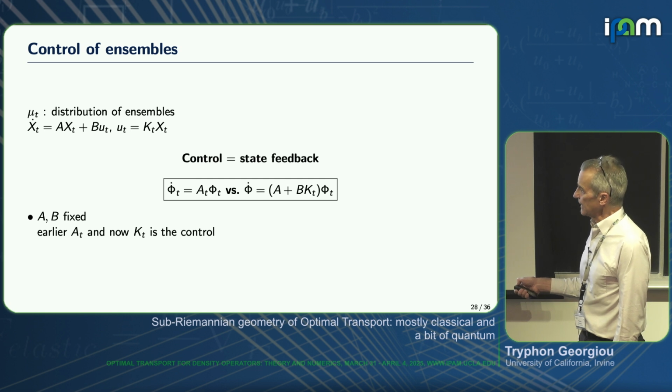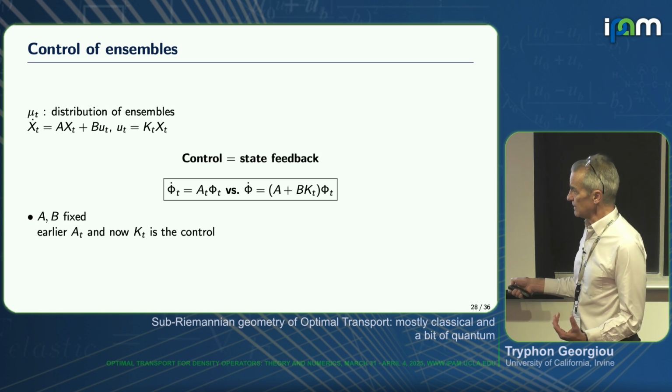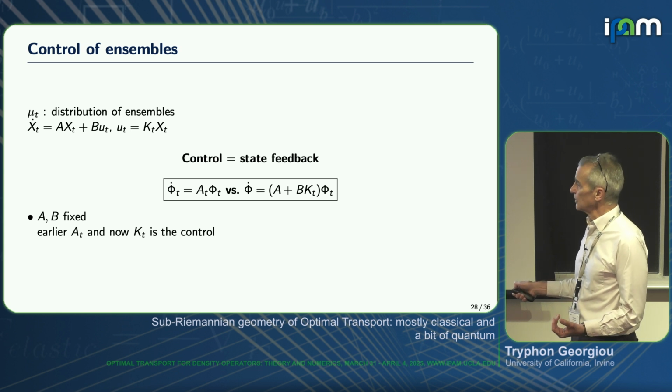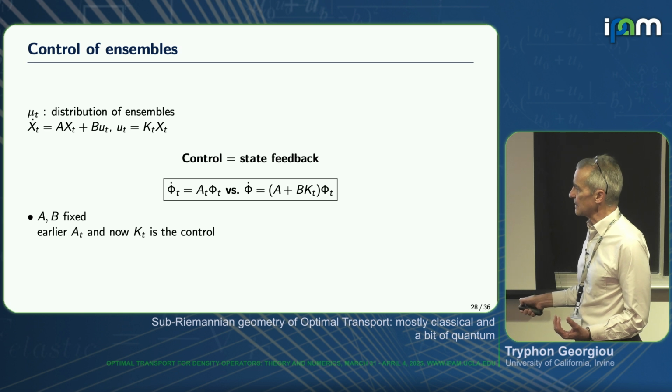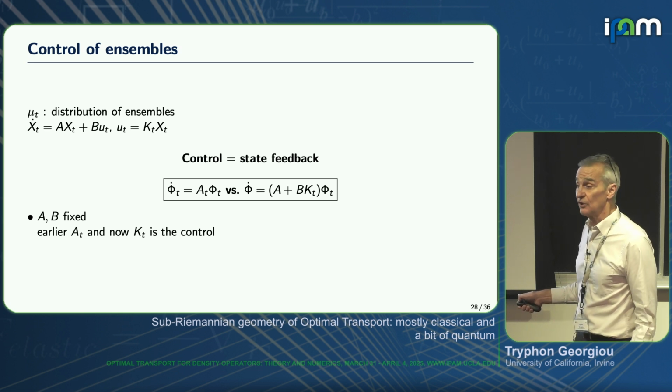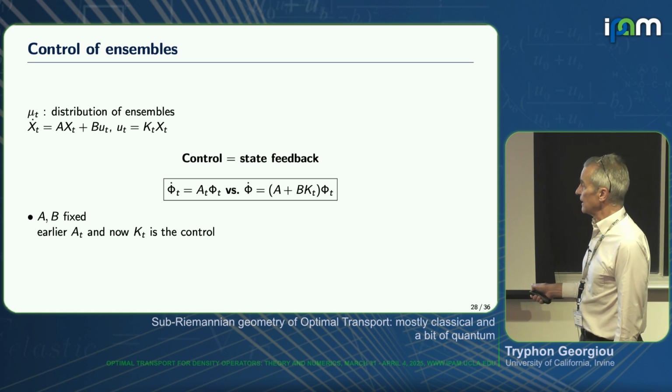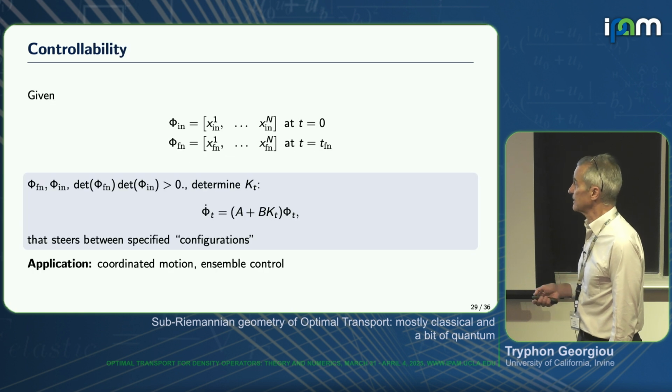So you have a drift which is prescribed to you and you can do nothing about. And there is another component here which you have some control over. Provided certain conditions hold, namely that the pair A and B is what we call in controls a controllable pair, there is some rank condition, then you can affect that.